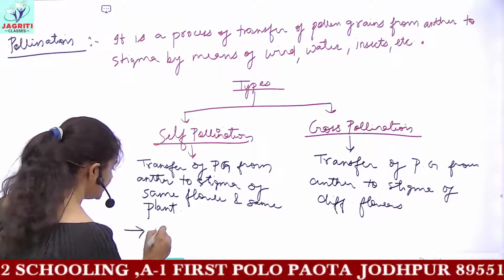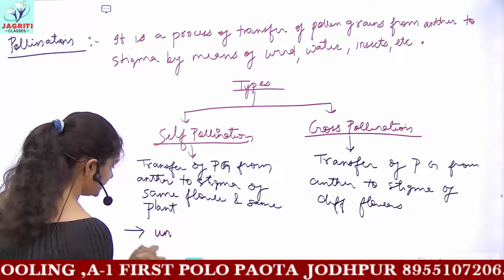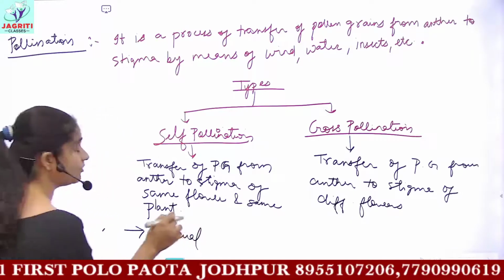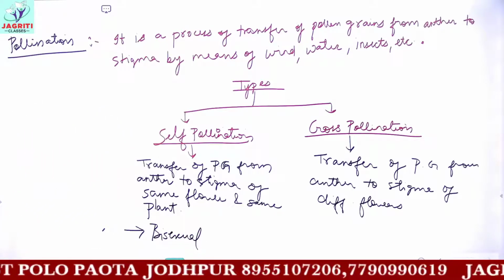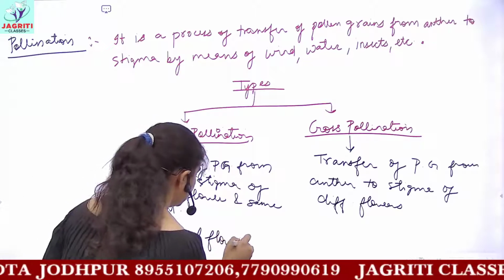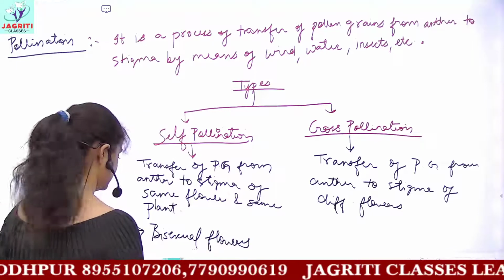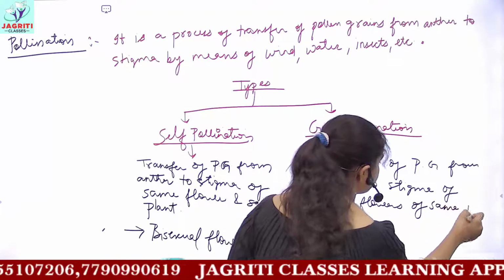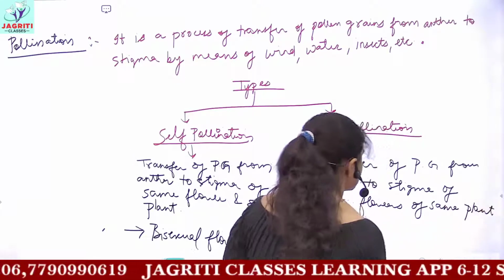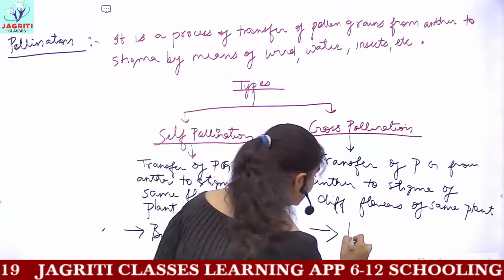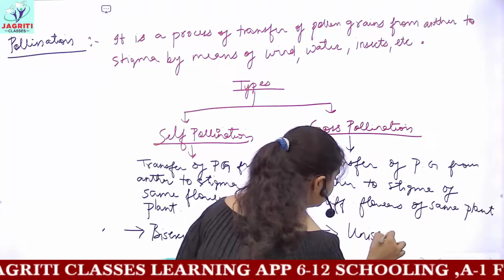Self-pollination generally occurs in bisexual flowers, because in bisexual flowers you have both the male and female reproductive part on the same flower. So this kind of pollination occurs in bisexual flowers. Then cross-pollination, different flowers of the same plant, occurs in unisexual flowers.